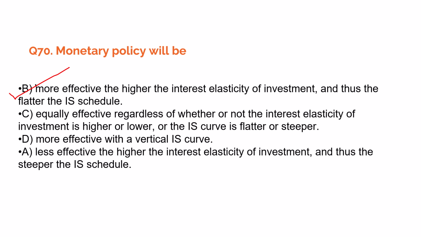If investment spending is highly sensitive to interest rate, a given change in interest rate will lead to a larger change in investment and thus a larger impact on aggregate demand and output. Also, a flatter IS curve implies higher elasticity of investment. A small change in interest rate leads to a large change in income through its effect on investment. Therefore, monetary policy is more potent when the IS curve is flatter. So the correct answer should be option B.